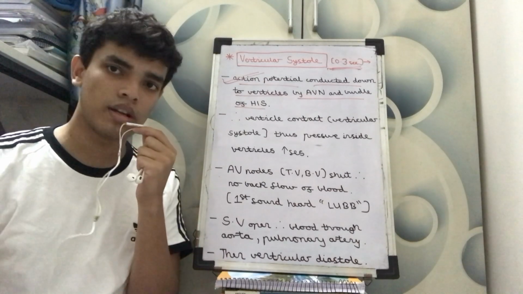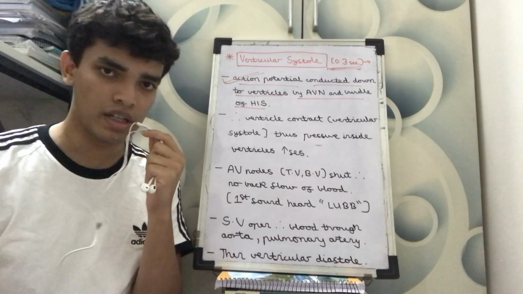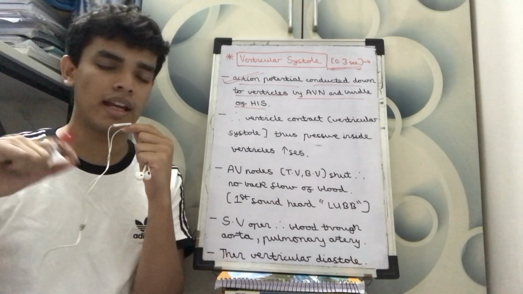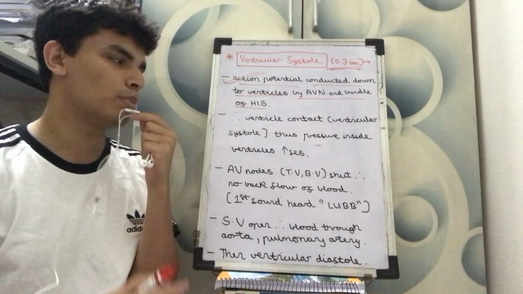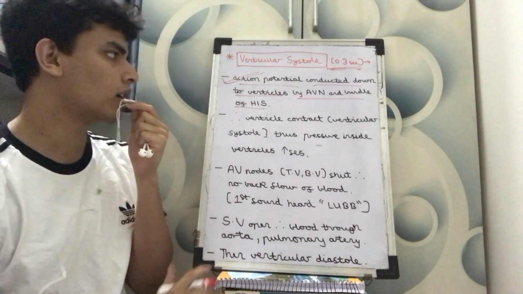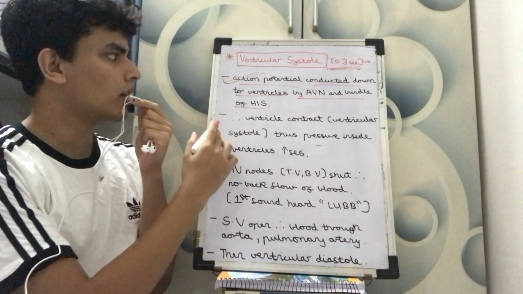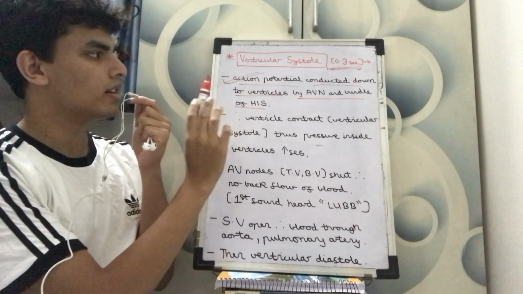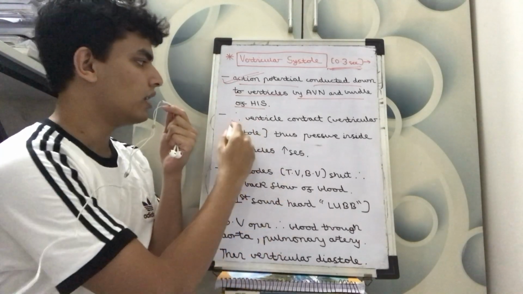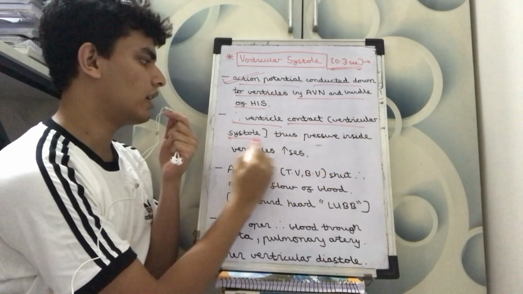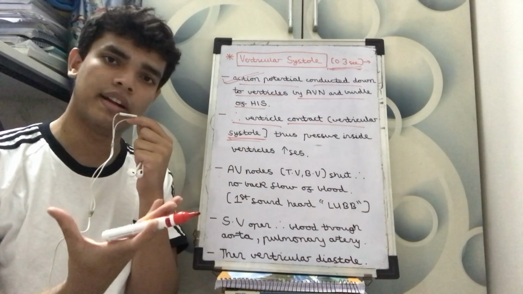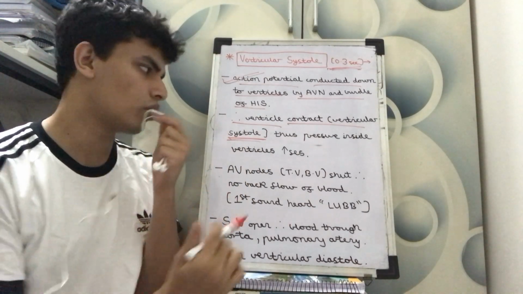Again, very important: SAN generates the main impulses, and AVN, bundle of His and Purkinje fibers just carry the impulses down and make the ventricles contract. Therefore the ventricles contract, that is, ventricular systole.